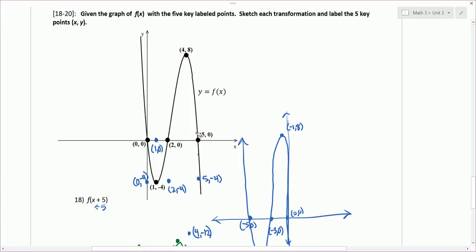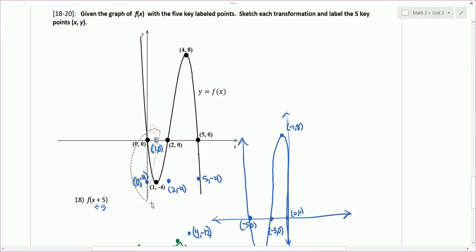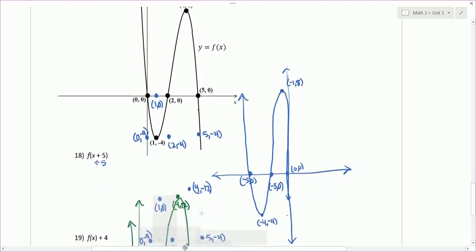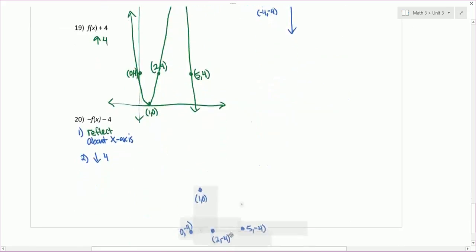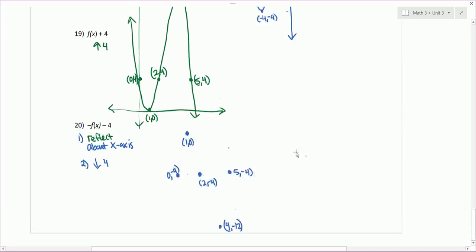And when we sketch our graph through this, it's going to be the reflection, so it's going to be this picture turned upside down. Let me grab the points. Transfer them down. Okay.